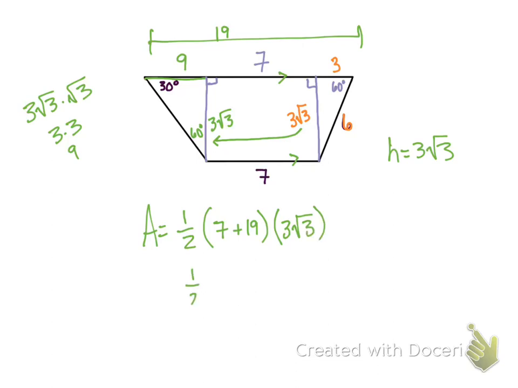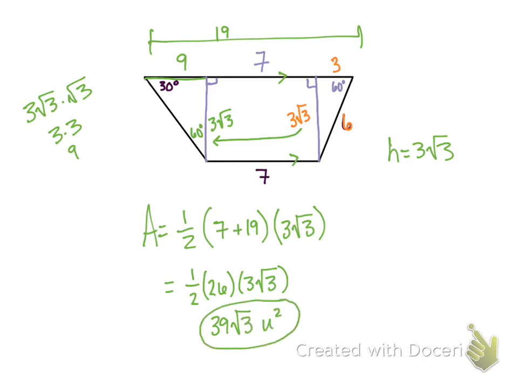We have 1/2 times 26 times 3 square root of 3. We end up with 1/2 times 26, that's 13. 13 times 3 is 39 square root of 3 units squared. And there is the area of that trapezoid.